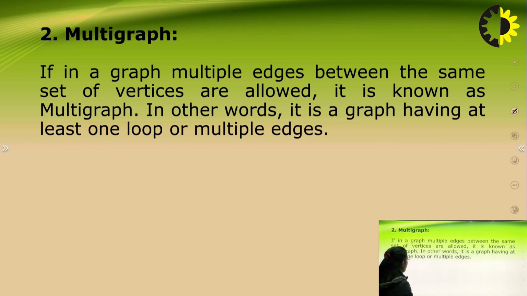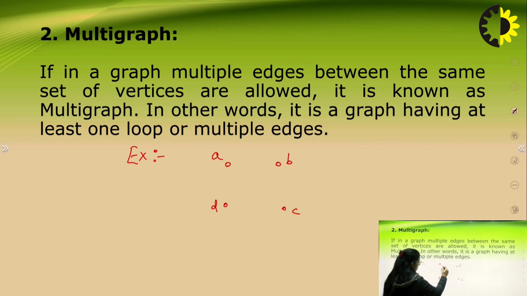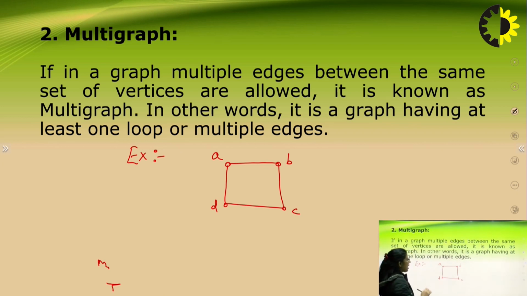For example, let's say we have a graph like this containing 4 vertices, and suppose there is an edge which connects vertex A and vertex D. Then because of this particular edge, this graph is known as a multigraph. Why? Because there are 2 edges connecting the same set of vertices. So this is an example of a multigraph.